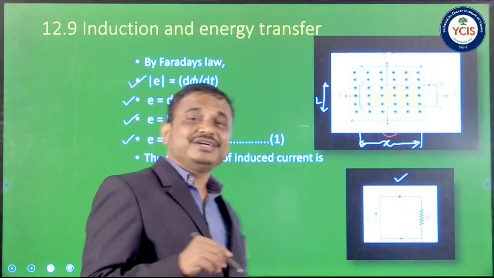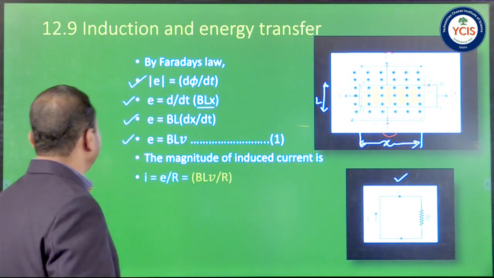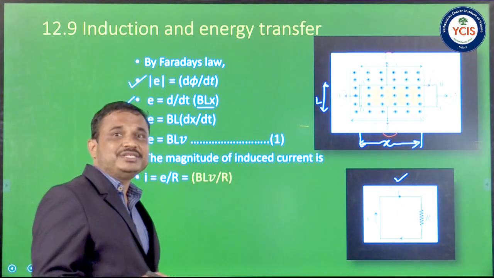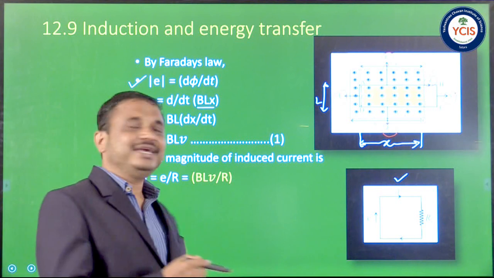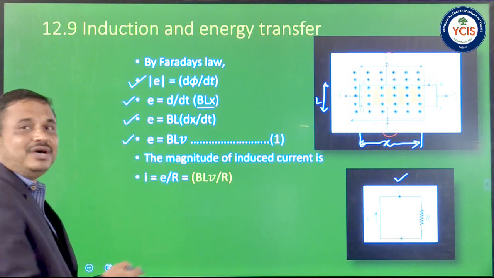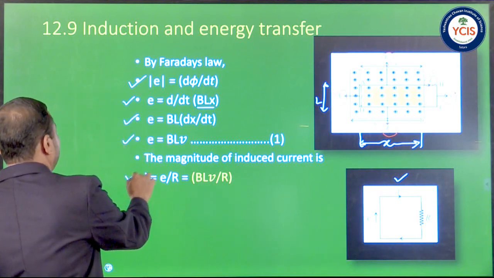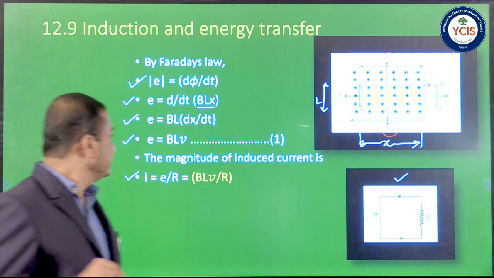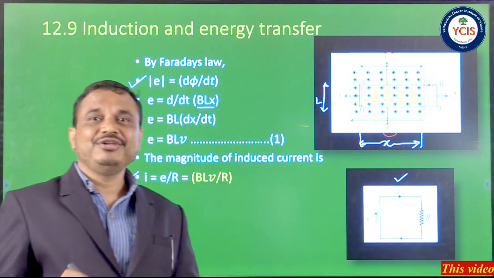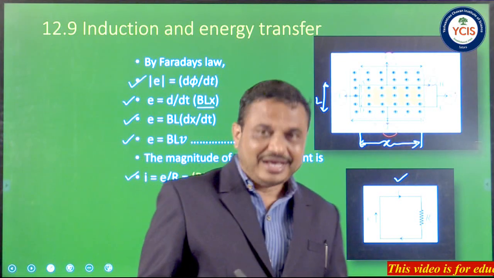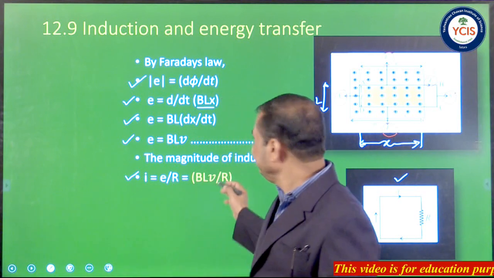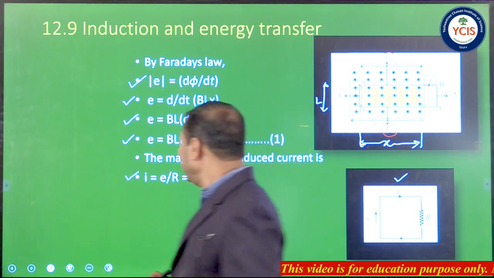The magnitude of this induced current is given by Ohm's law: I equals E upon R. Substituting the value of E, we get I equals BLv upon R.